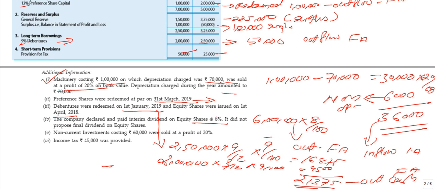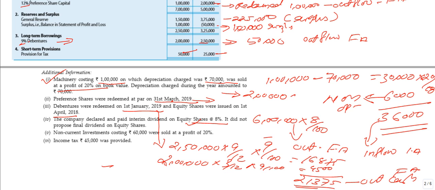Here we missed one thing. We have to give the preference dividend also. Why? Because preference shareholders have the preferential right to get the dividend before equity shareholders. Here we are giving to the equity shares, so we have to give to them also. How much is the outstanding amount? The outstanding amount is 2 lakh rupees.